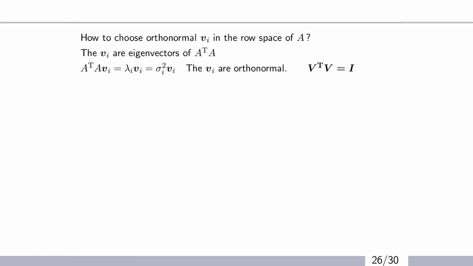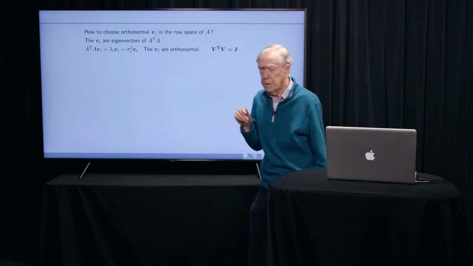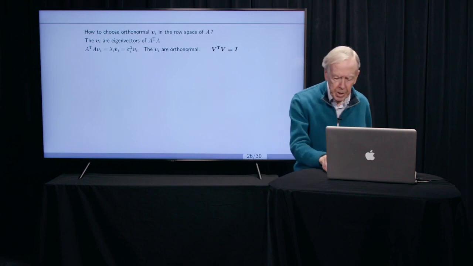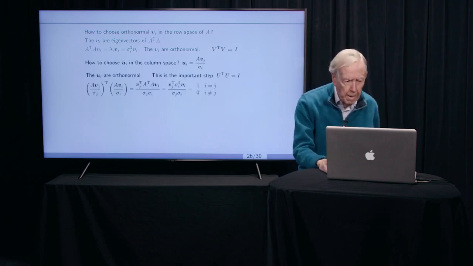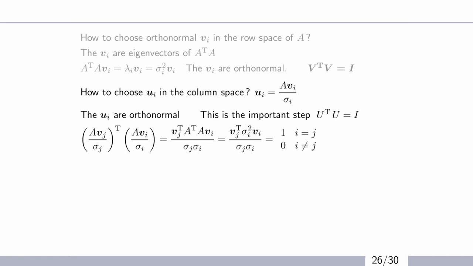So we can find those singular vectors just as fast as we can find eigenvectors for a symmetric matrix. And because A transpose A is symmetric, we know the eigenvectors are perpendicular to each other, orthonormal. Okay. And now what about the other ones? Because remember we have two sets. The U's.